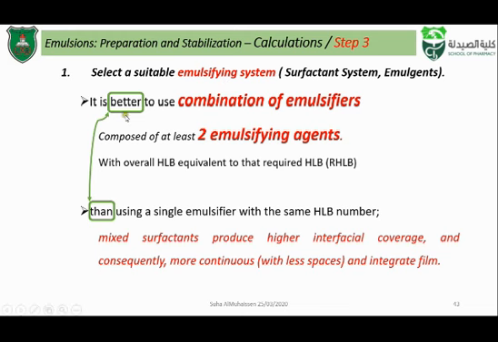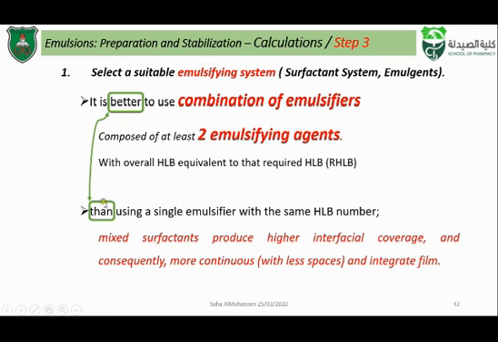These are, it is better to use a combination of emulsifiers. These combinations should be composed of at least two emulsifying agents with overall HLB equivalent to the required HLB, as I said. Again, better to use a combination of emulsifiers.